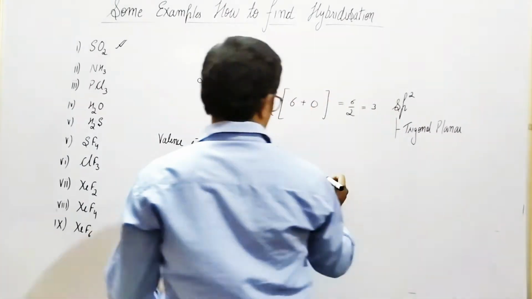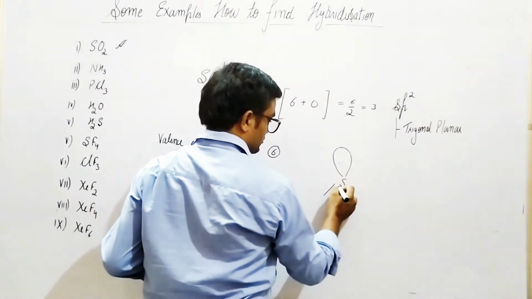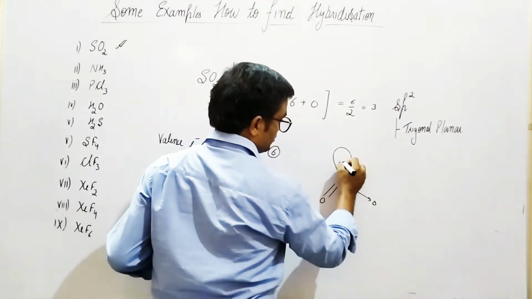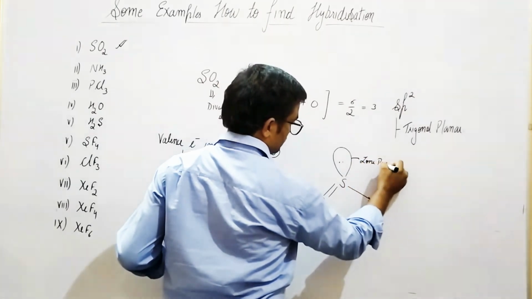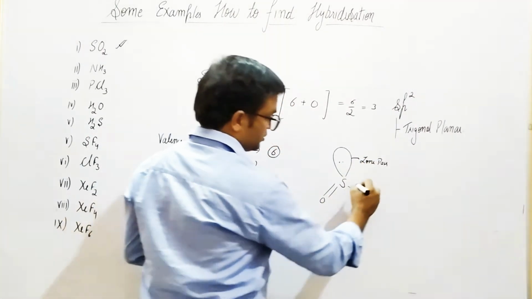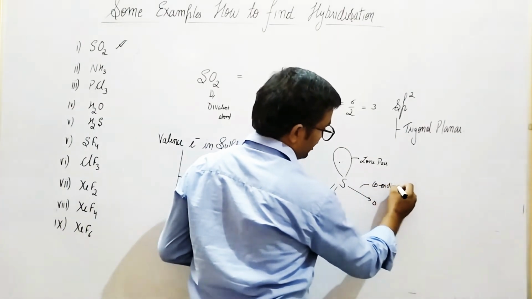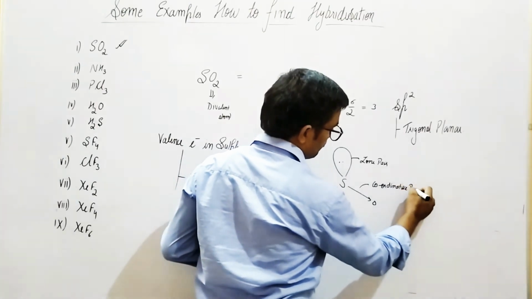Therefore its structure will be sulfur like this. One coordinate bond, and this is a lone pair. This is a coordinate bond or dative bond. Coordinate bond is also known as dative bond.